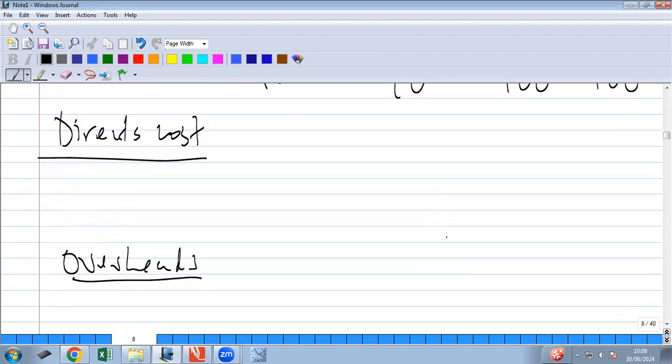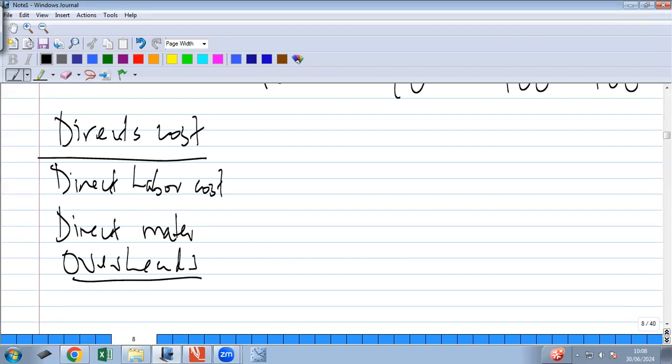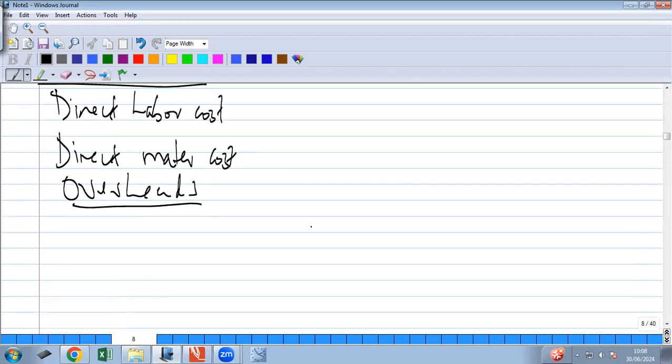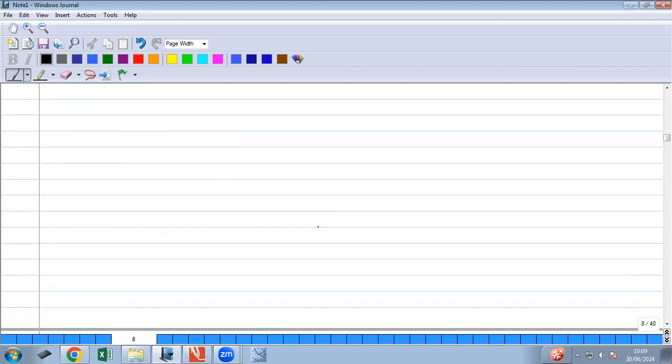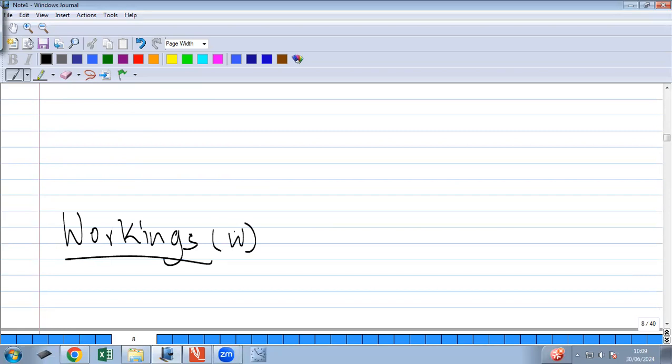We can have here direct labor cost, and we have seen also direct material cost, right? For overheads, you can leave a space and let us do our working somewhere down here. Our workings, we can abbreviate them as W.